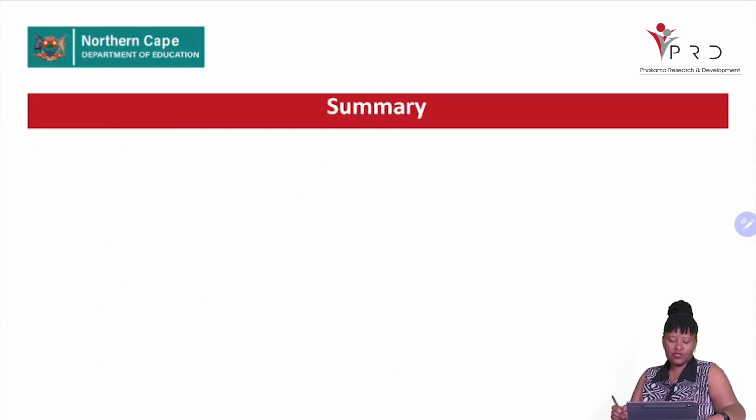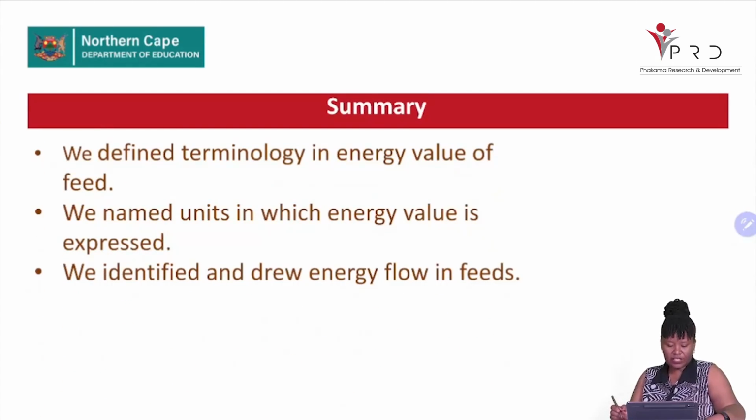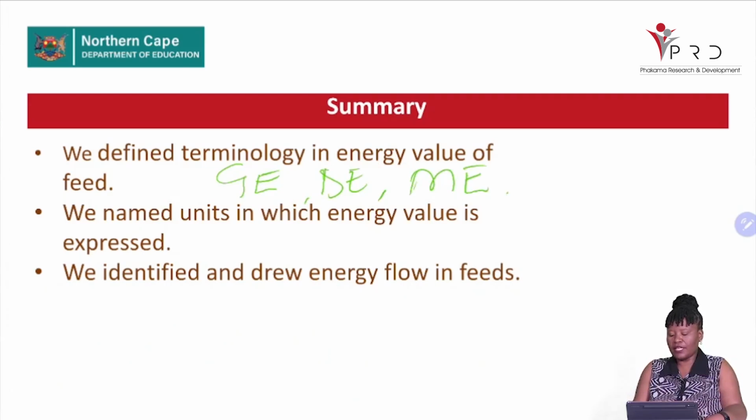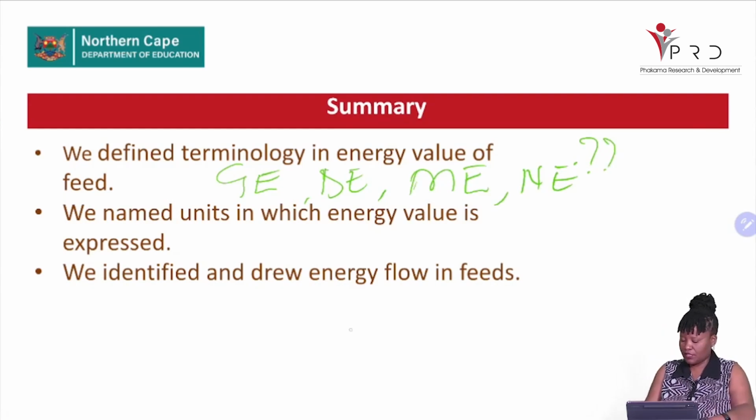That takes us to our reflection. We need to reflect on whether we did as per examination guidelines. We defined terminology in energy value of feeds, where we discussed the gross energy, the digestible energy, the metabolic energy and net energy, and why net energy is important.